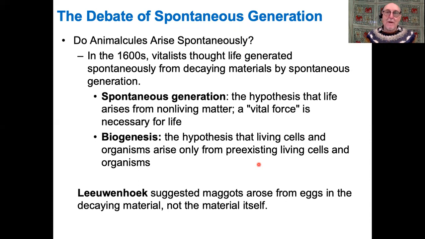So, for example, ludicrous as it sounds to us, they believed that rotten meat generated maggots. Some people believed that mud, pond mud, generated swallows. All of these firmly held beliefs contributed to this totally erroneous idea that life is generated continuously.